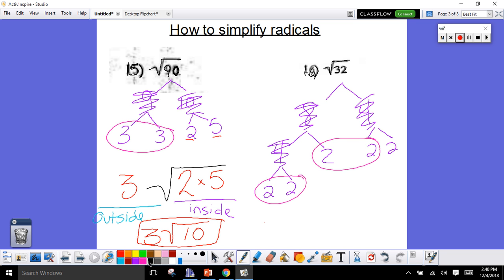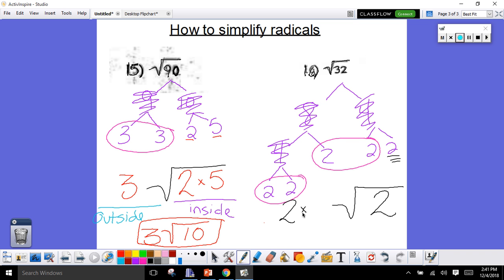I draw my little house. Remember that inside the house is the ones that are by themselves. So that's all by itself, so it's inside of the house, all lonely. Now on the outside of the house, we have our couples. I have one couple of 2's, so I put a 2.